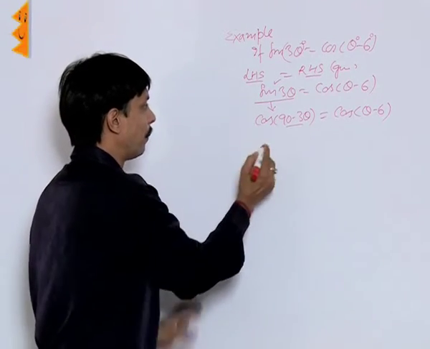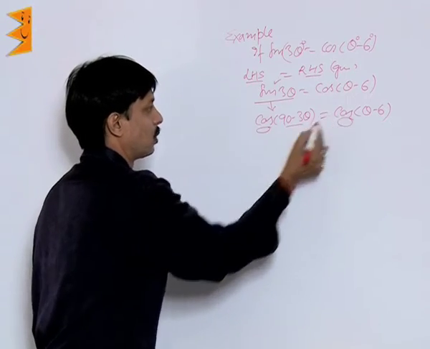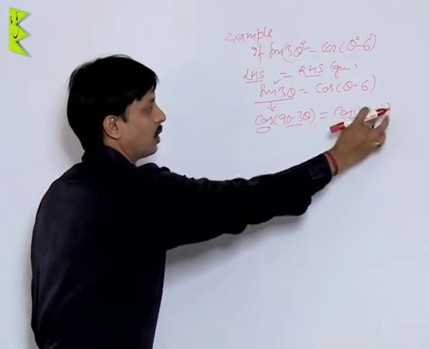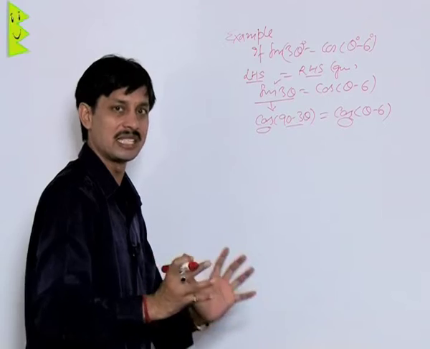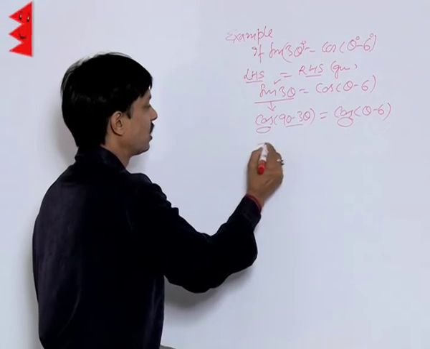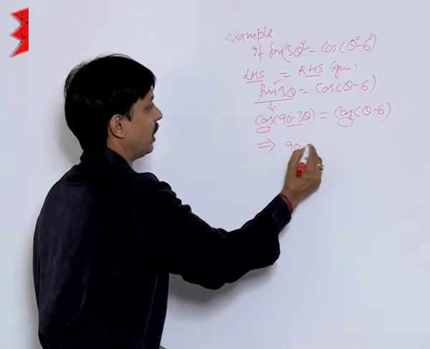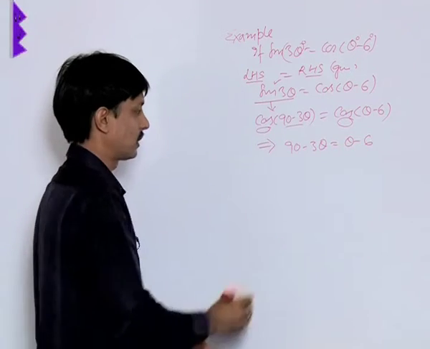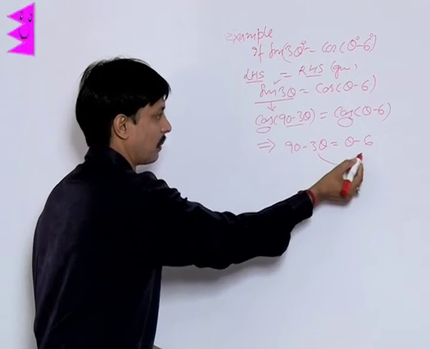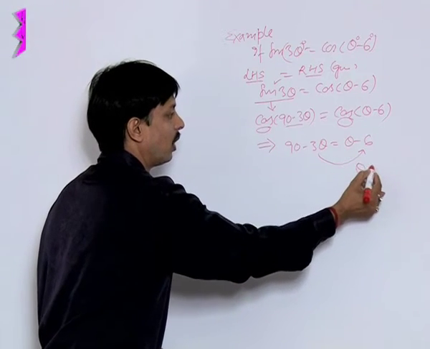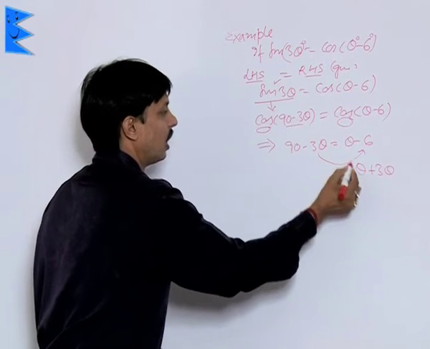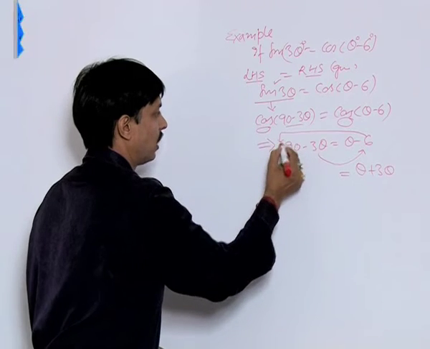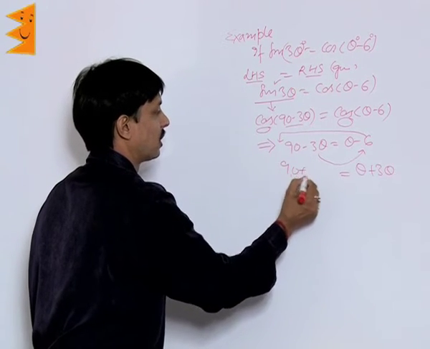So if we compare, this is also cos, this is also cos. Cos something is equal to cos something means their angles have to be equal. So this implies 90 minus 3 theta is equal to theta minus 6. If we transfer this minus 3 theta here, we will obtain theta plus 3 theta, and minus 6 to this side, we will get 90 plus 6.